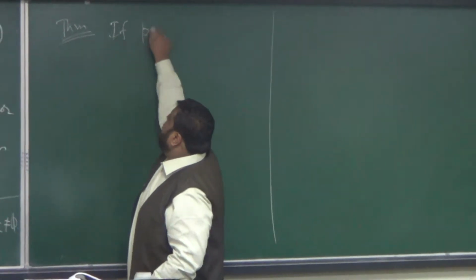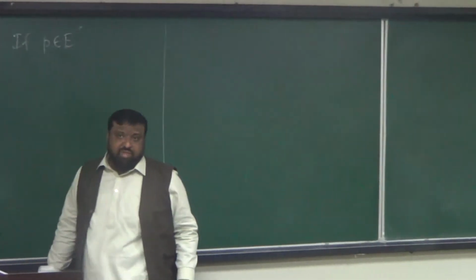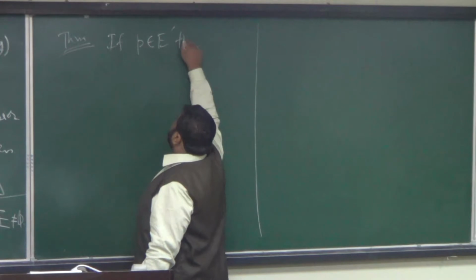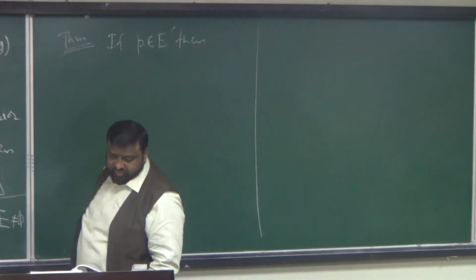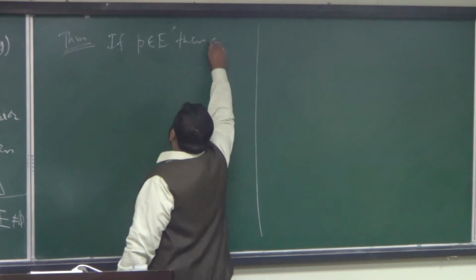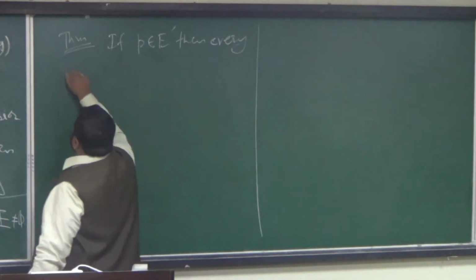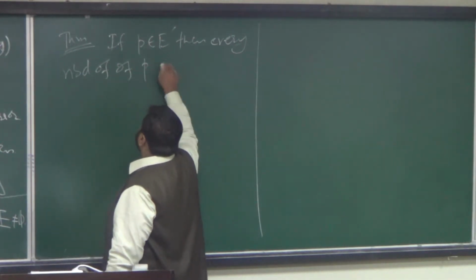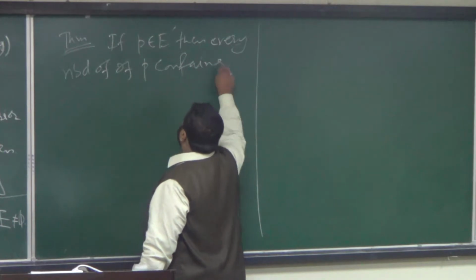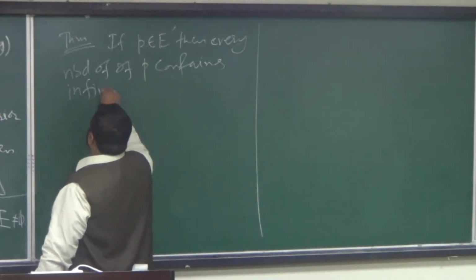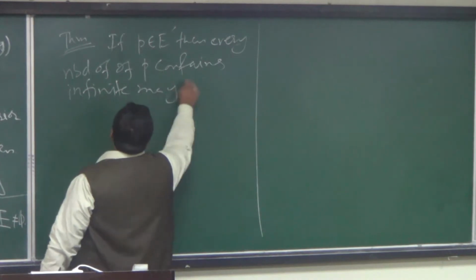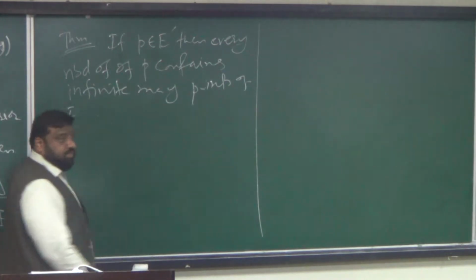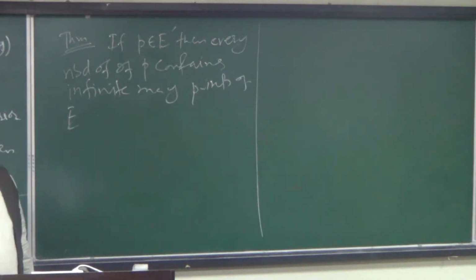I will say that if P belongs to E prime, where prime is a notation for limit points, then every neighborhood of P contains infinitely many points of E. Can't be finite actually. Okay?